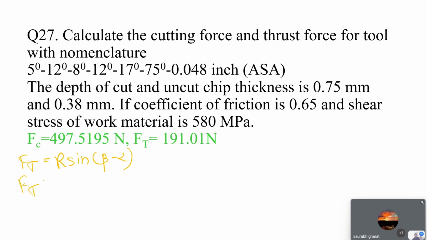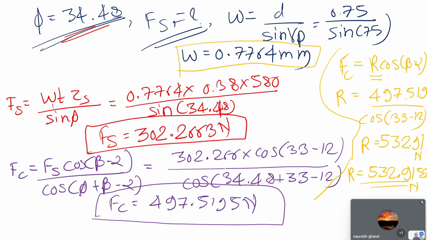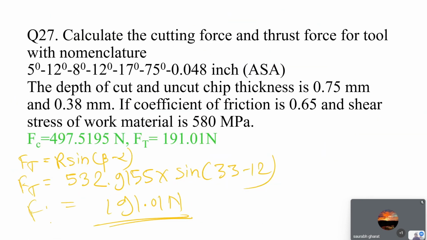So Ft is equal to 532.9155 into sine of 33 minus 12. Just calculate, Ft will be 190.1 Newton. So you got both of the answers. Fc you got, and Ft also you got.